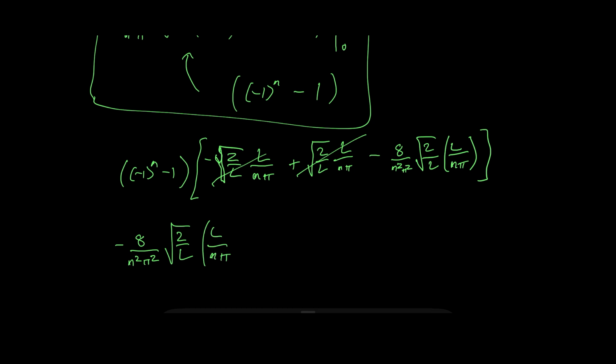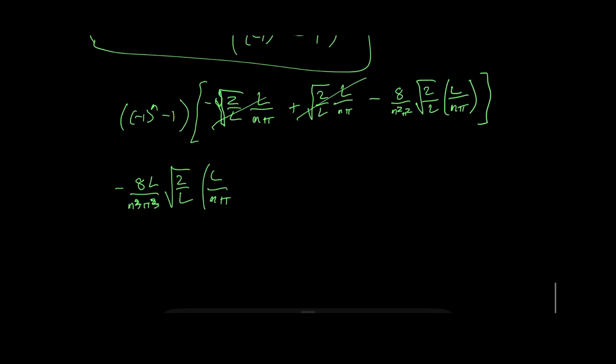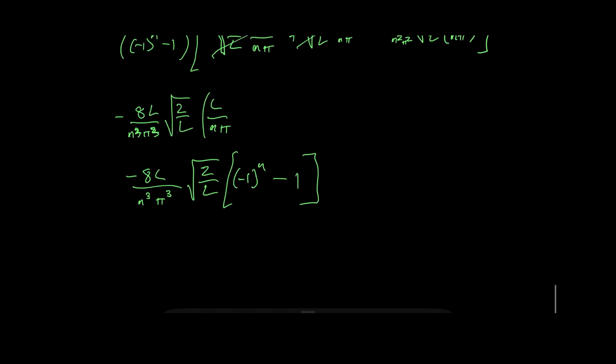Oh, so we can actually just make this 8L, and make this n cubed pi cubed. So rewrite that real quick: minus 8L over n cubed pi cubed, square root of 2 over L, times negative 1 to the n minus 1. Okay, so that's our answer to the entire integral.